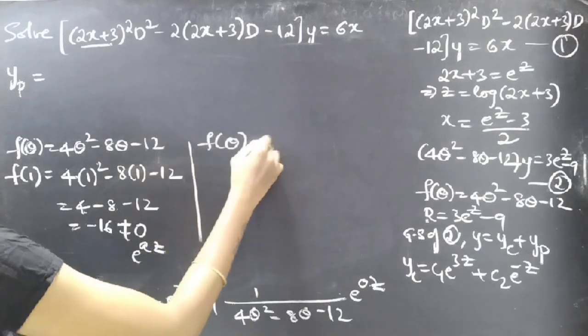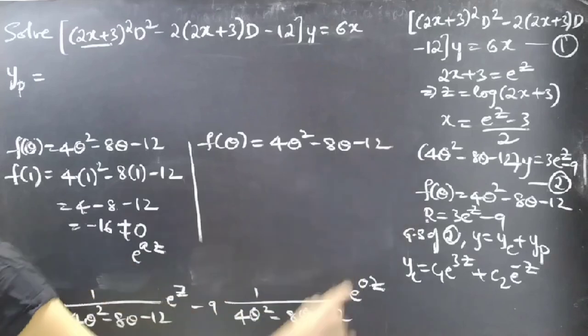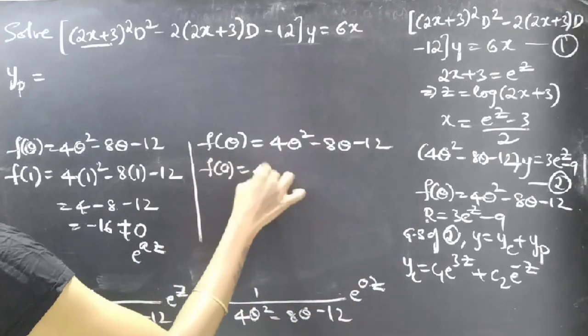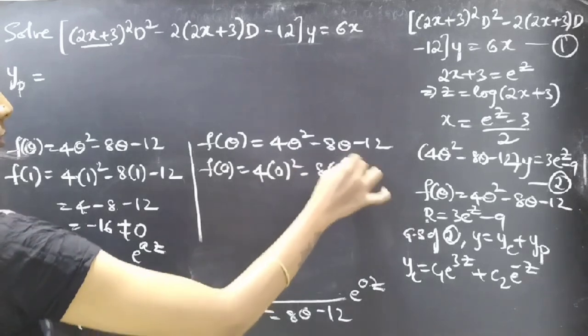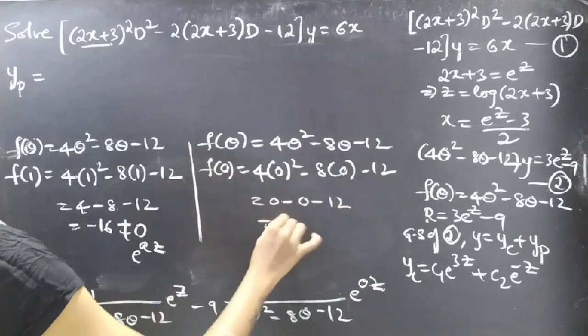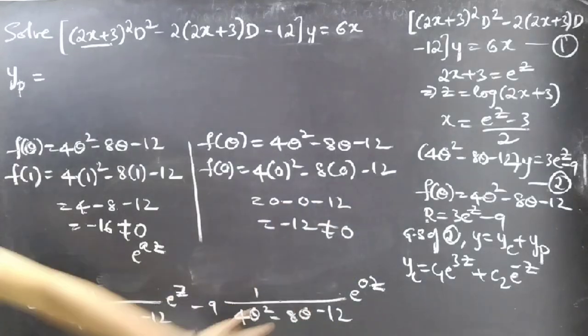So for the second term, we need to find f of 0. f of 0 equals, just replace theta by 0, you'll get 0 minus 0 minus 12, which is minus 12. Again a non-zero, since the denominator is non-zero.